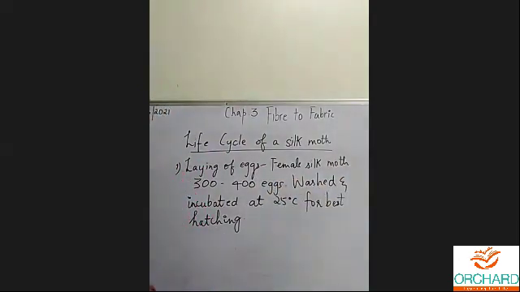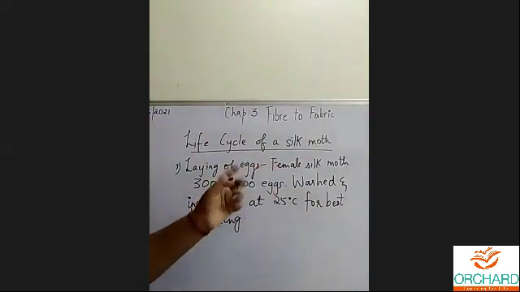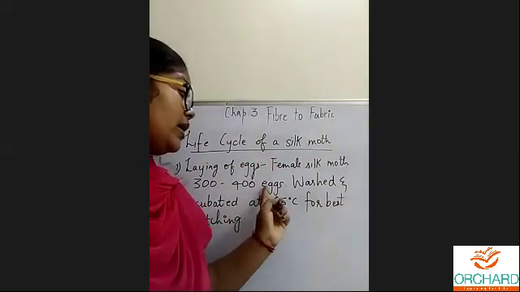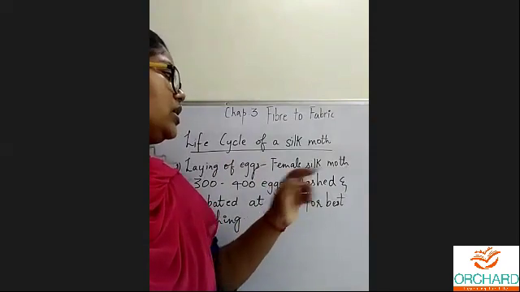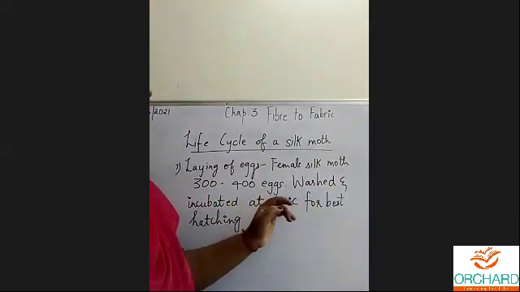So the first process is laying of eggs, as there are different steps which we will be learning. The first step is laying of eggs. The female silk moth will lay nearly 300 to 400 eggs at a time, and those eggs are washed and incubated at 25 degrees Celsius.